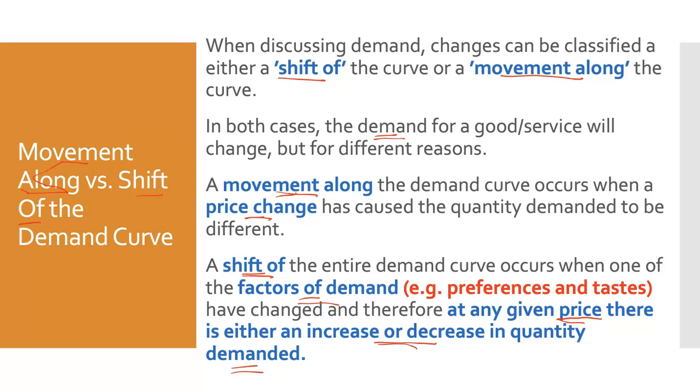So in this case, we will have a new demand curve because there has been factors that have shifted it either left or right. A movement along, just the price has changed, so we will have the same demand curve, but we have just moved along it somewhere.